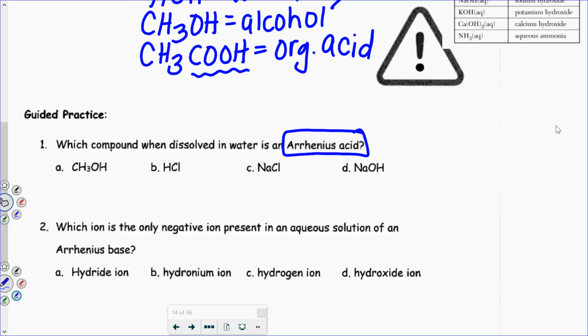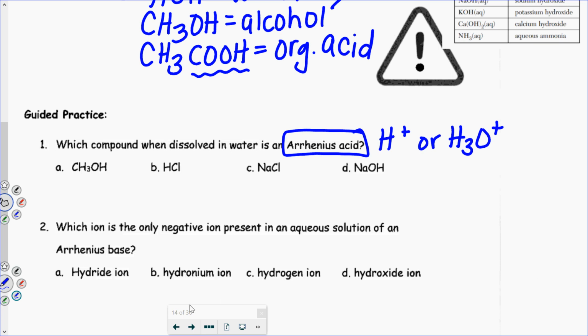Basically, this is just asking which one of these is an acid. The Arrhenius part, don't get thrown off by that. They're just meaning which one of these is going to produce either this or this as the only positive ion in solution.